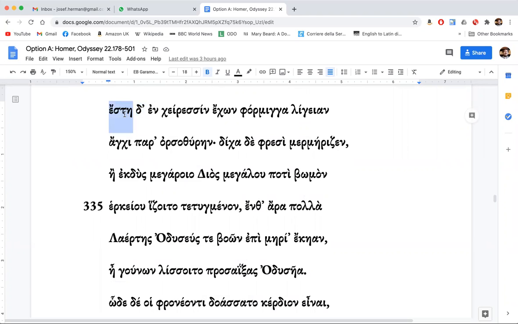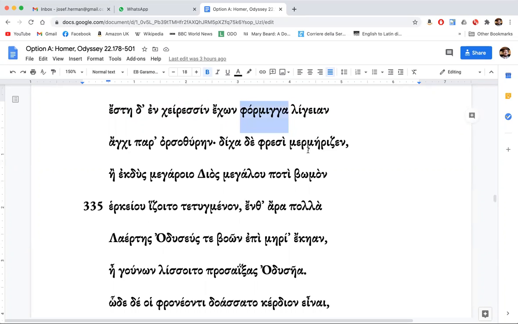He stood. And then the next word I would probably translate is ekon, right? Present participle from echo, which means I have or I hold. Okay, so he stood holding en cheiressin in his hands, en plus dative, the phorminga ligeian, that's the object.